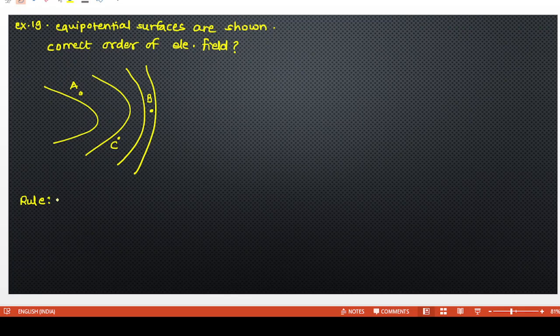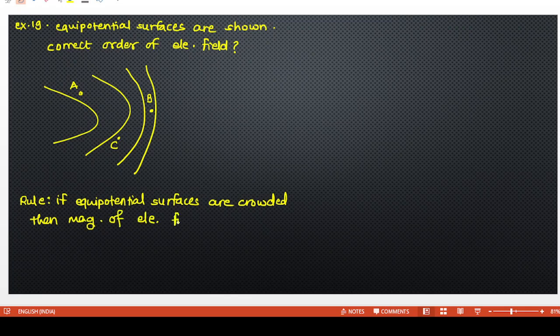Similar to that, write down, if equipotential surfaces are crowded, then the magnitude of electric field at that point or in that region is more.